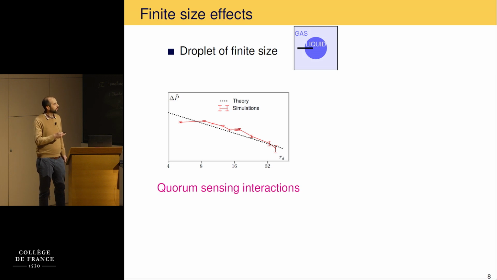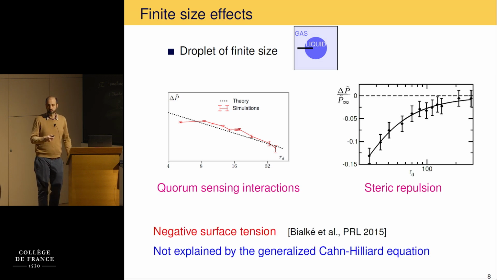But now if we go back to the first model where we had only steric repulsion between particles, actually it becomes very different because the Laplace pressure is negative. So that's something that was measured for the first time in this paper.